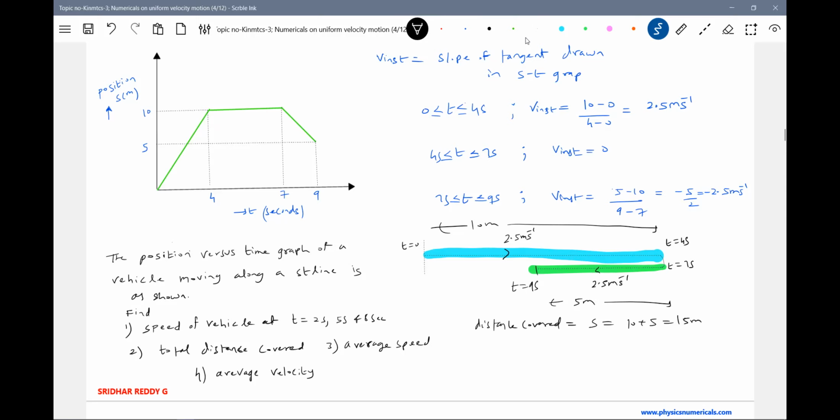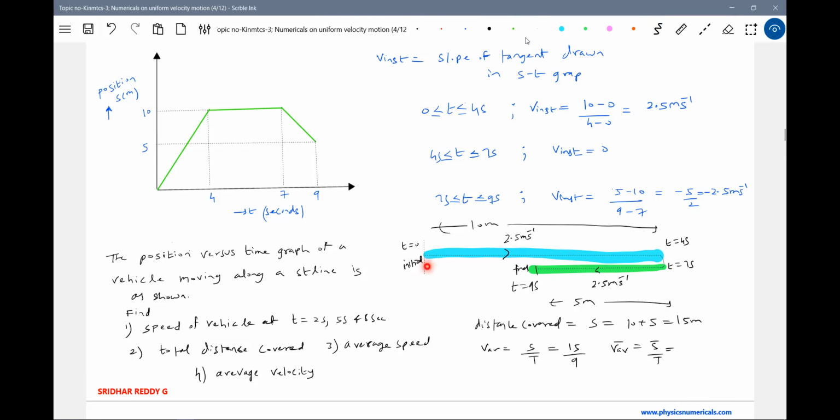Then the average speed is asked. How do you define average speed? Distance covered by time taken. 15 over the total time of journey, 9. This will be the average speed. What about average velocity? Displacement by total time. What is the net displacement? This is the initial position, this is the final. What is the net displacement? 5 meters, no?